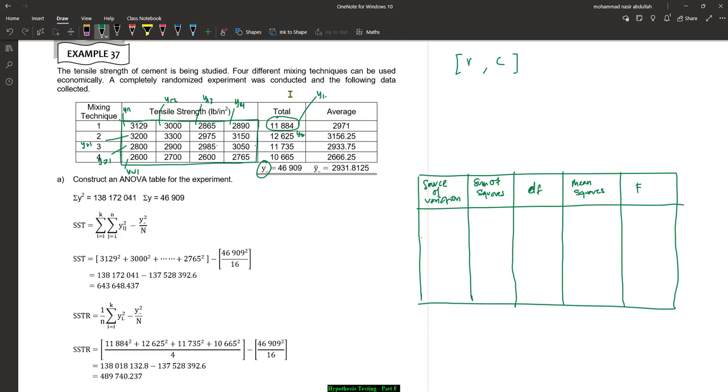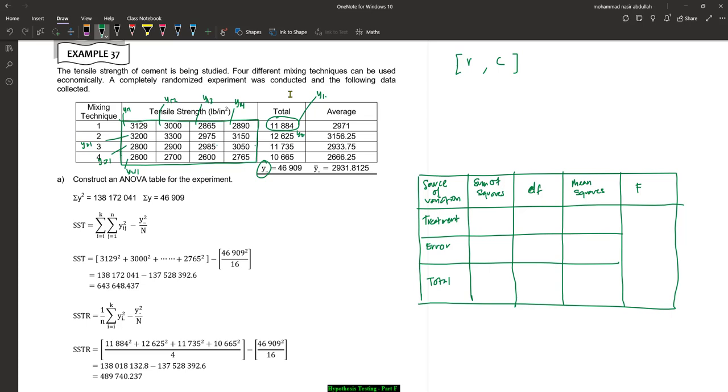The first row is treatment, the second row is error, and the last row is total. This is a standard table for one-way Anova.